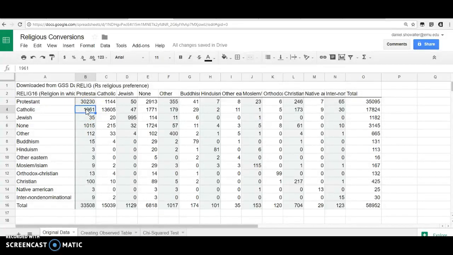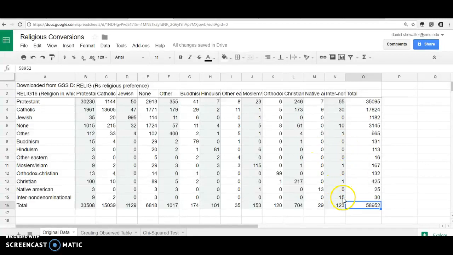Or let's say that you were raised Buddhist and eventually converted to some other religion that's not mentioned here. You would be in this category. So starting off Buddhist, then converting to one of the religions that's not mentioned here. There were 2 out of these 58,952 people in the sample that would have fallen in that category.